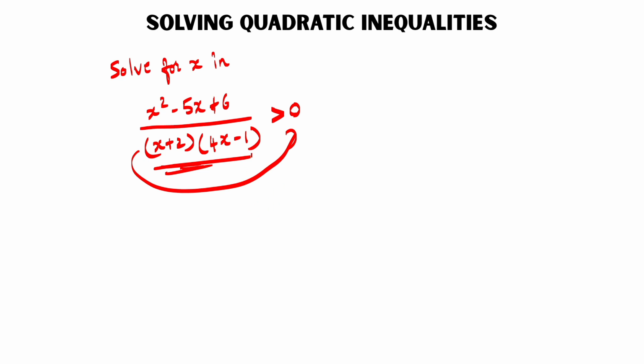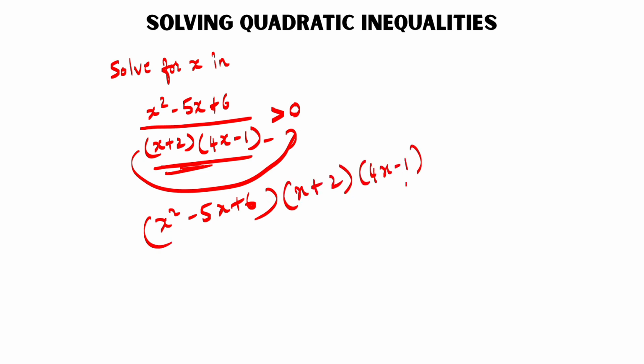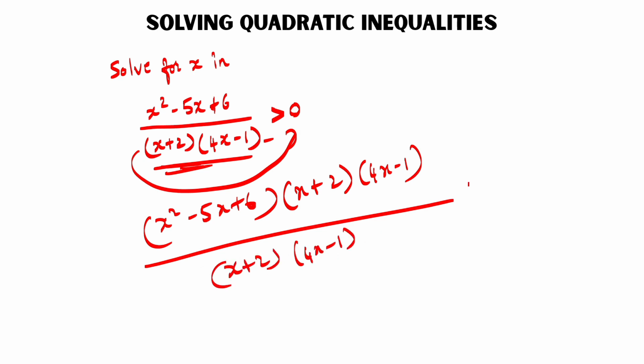If we multiply the numerator and denominator with the denominator, let's say x square minus 5x plus 6, so x into x plus 2 into 4x minus 1 by the denominator, which is x plus 2 into 4x minus 1, this will be greater than 0, right? If we multiply, then it will be a square, and as this is a square, we can confidently say that the denominator is positive, because even if it's negative, the square will take care of that and it will become positive.